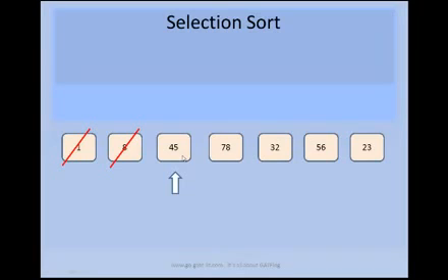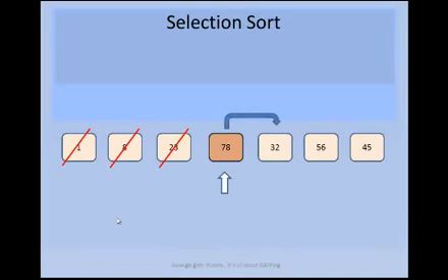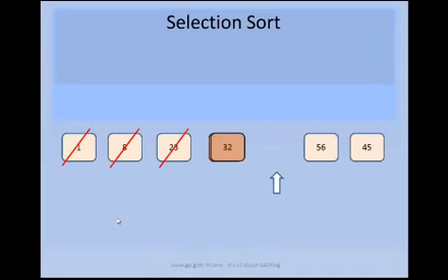Now the next pointer, or minimum element, will be 45. Again 45 will be compared with 78 and the rest of the elements. Here we are comparing each minimum element with the rest of the elements, and every time we place the minimum element at its best place, so that it gets sorted in every iteration.